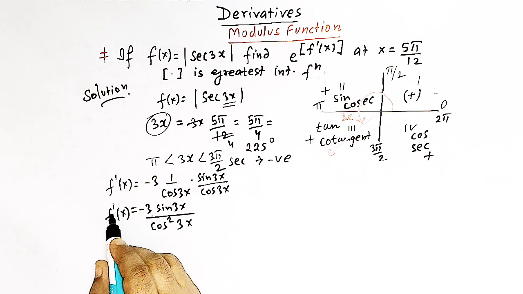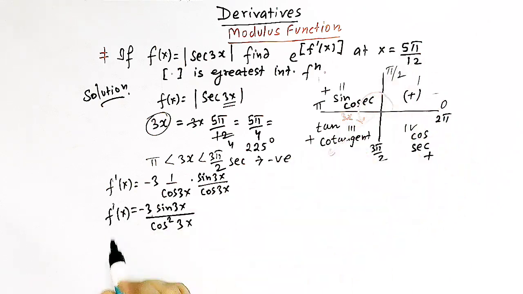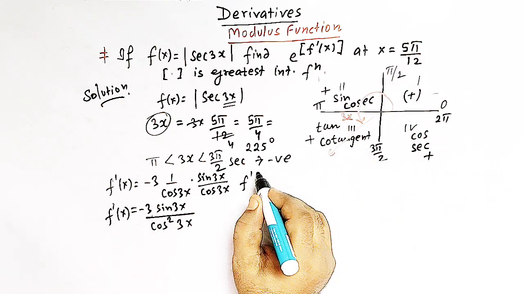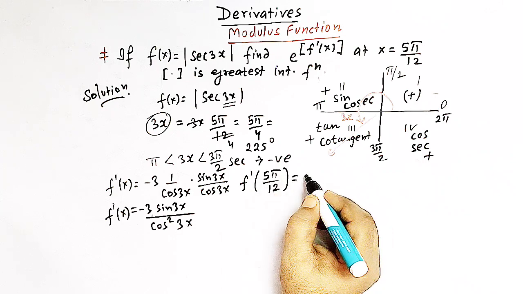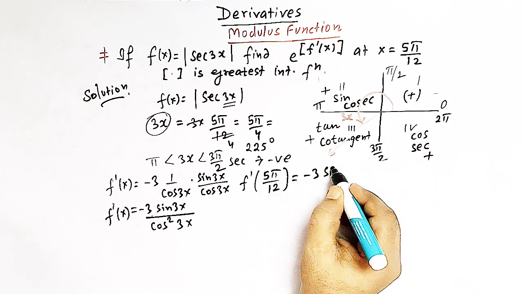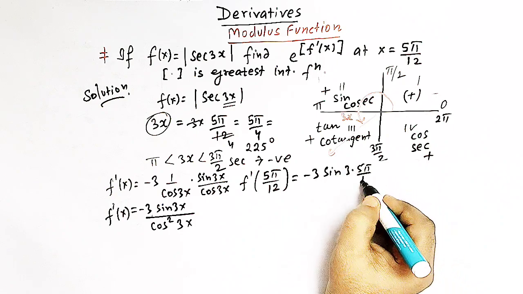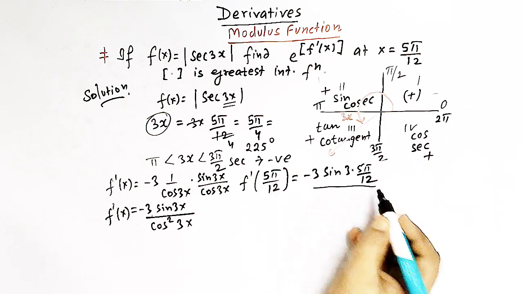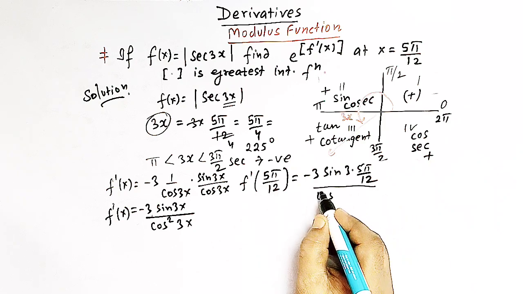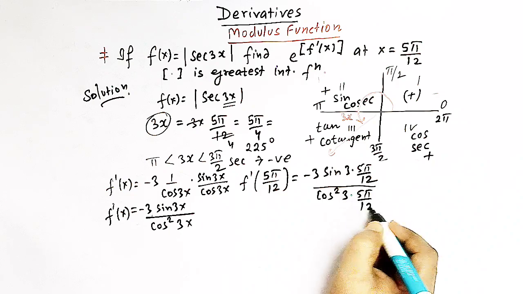So now let us find out the value of the derivative at this point 5 pi by 12. So f prime of 5 pi by 12 is given by minus 3 sine of 3 times 5 pi by 12, taking x equal to 5 pi by 12, and then we have cos square of 3 times 5 pi by 12.